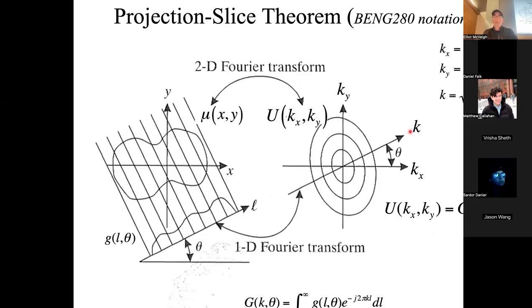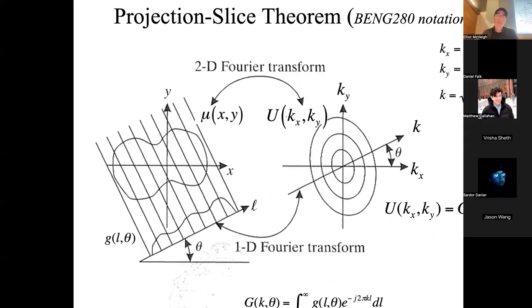And so we're going to start thinking about the Fourier transform in polar coordinates, where k is the distance to some k value, and theta is our direction in the spatial frequency space, okay?